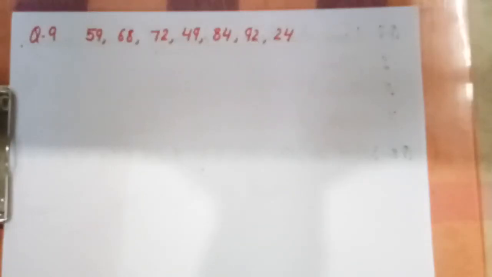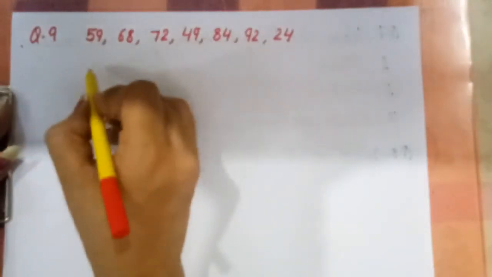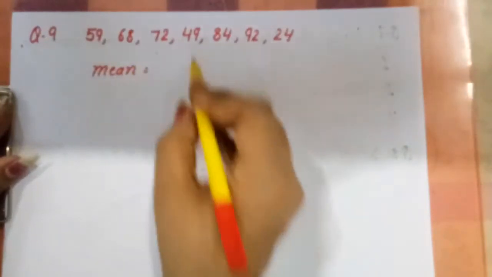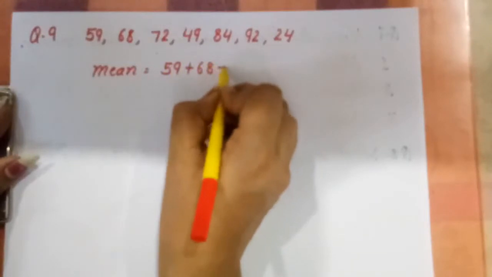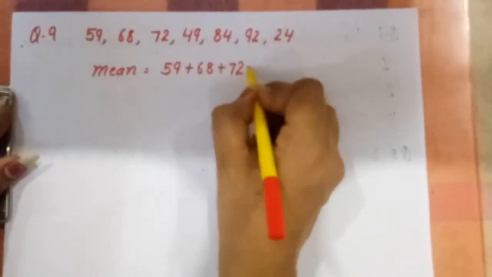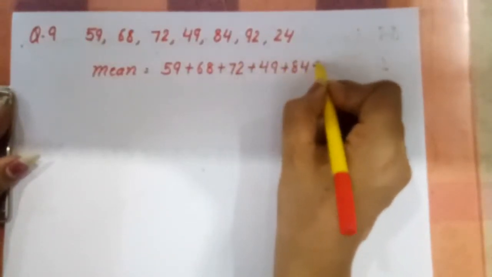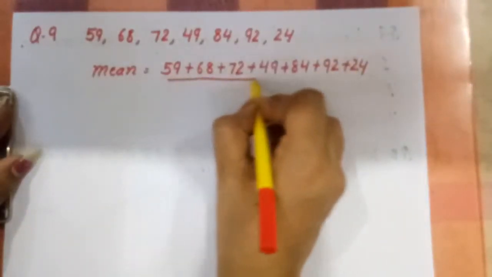Now we have question number 9. The following are the marks obtained by the 7 students in a class. Calculate the mean marks. So we have to find the mean: sum of all terms divided by number of terms. So 59 plus 68 plus 72 plus 49 plus 84 plus 92 plus 24, divided by 7.